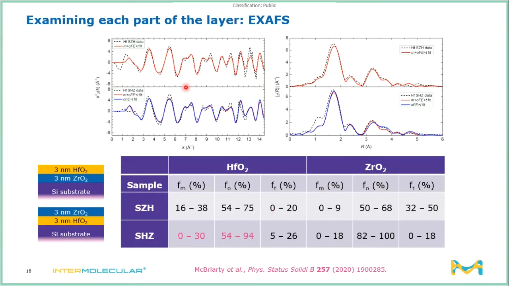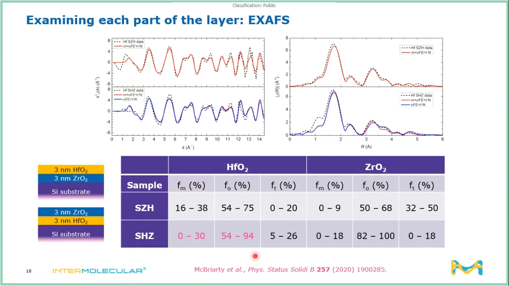Here you can see the signals that we get out of the XAFS process and the fingerprints that we can apply by combining different samples that we know the crystal orientation of in linear combinations in order to get a pattern that closely matches the spectrum that we get out of the X-ray absorption experiment. By doing this, we're able to back calculate what fraction of each of the three phases we have in hafnium oxide and zirconium oxide.